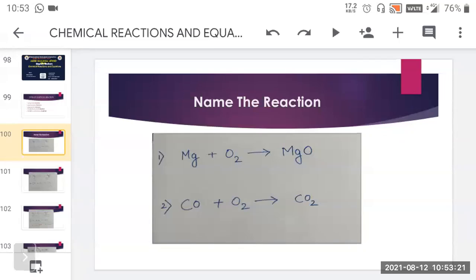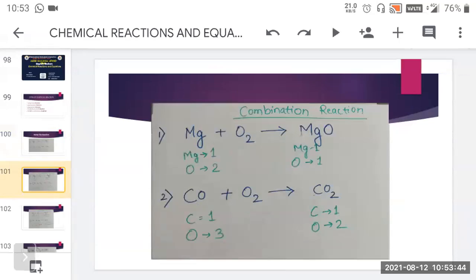So we can write 2 as a coefficient in front of MgO, so that oxygen becomes 2. Because of it, Mg also becomes 2, so in front of Mg on the reactant side we have to write 2. The same applies to the second reaction, where balancing should be done.